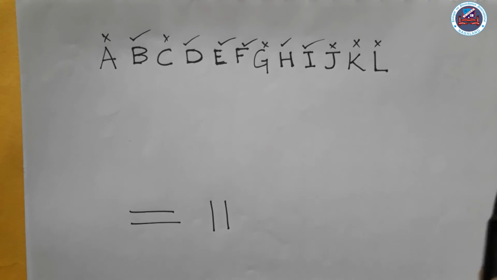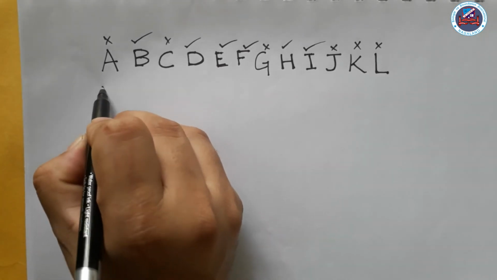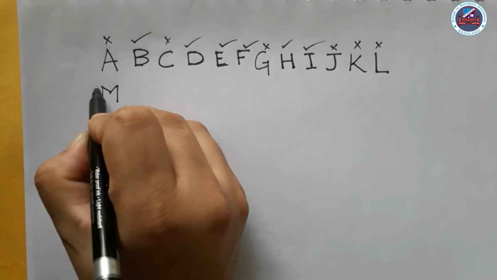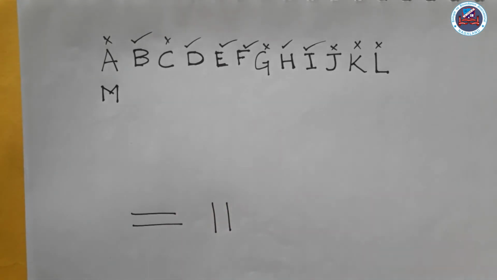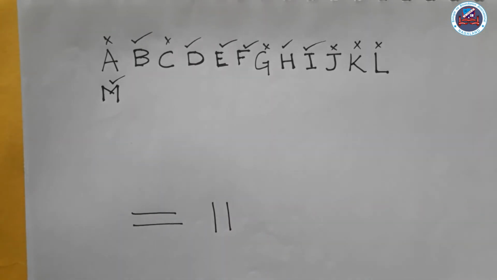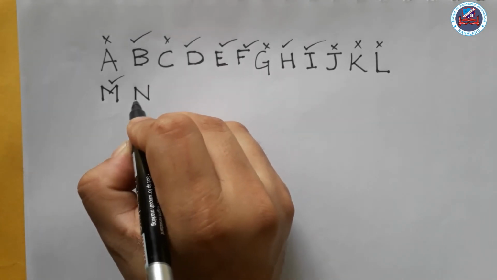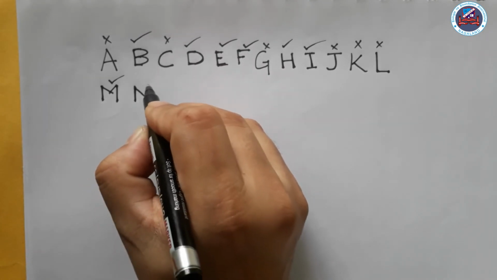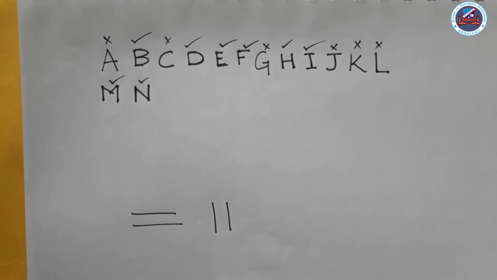But as of now, I'll just do the parallel lines. Now what about M? Do you think M has a set of parallel lines? This line and this line are parallel lines. What about N? This line and this line are again parallel lines.